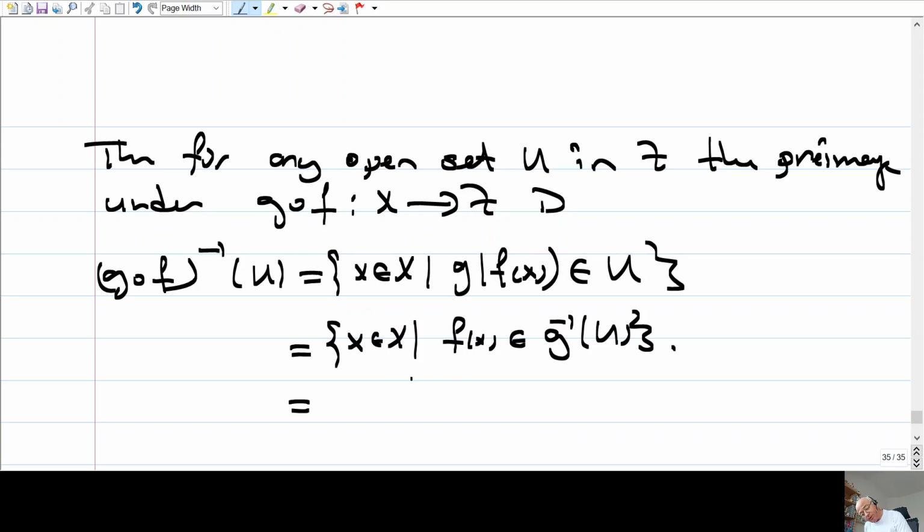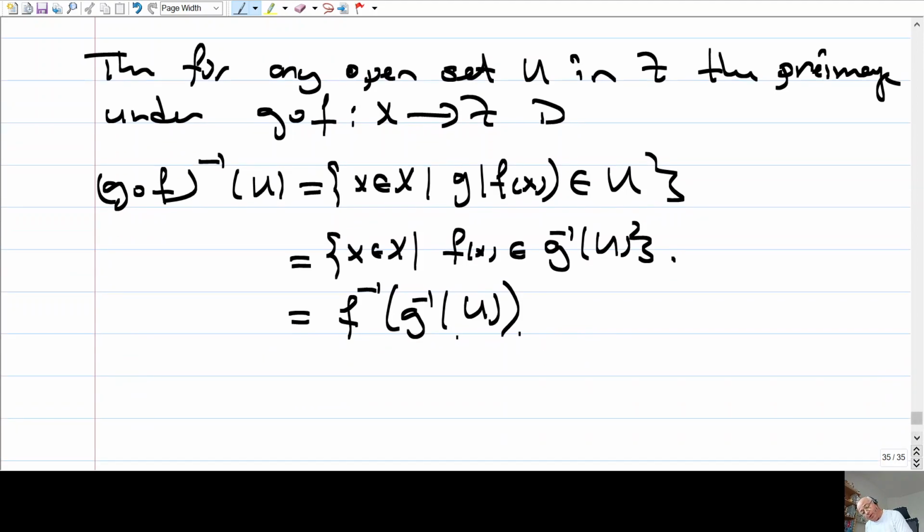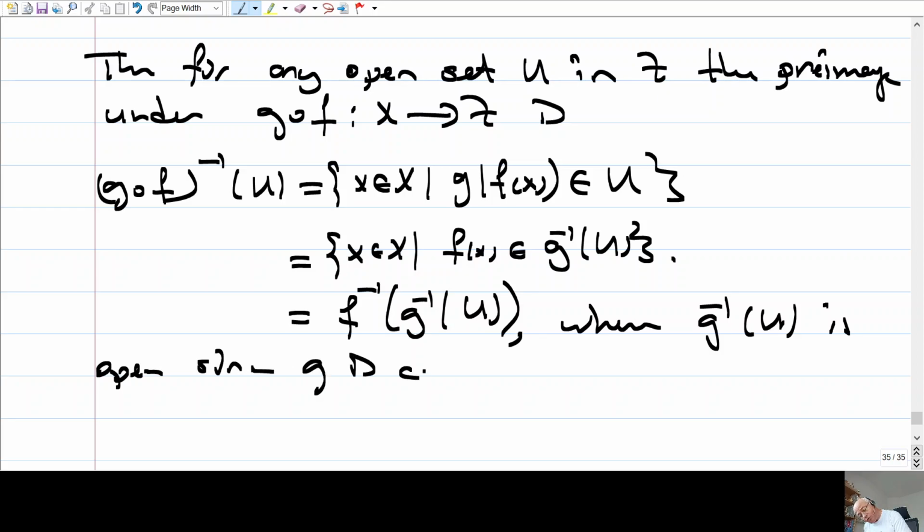So this is just F inverse of G inverse of U, where G inverse of U is open since G is continuous.